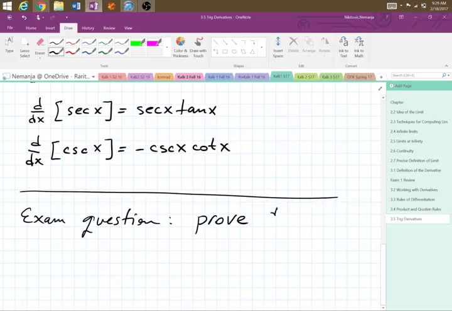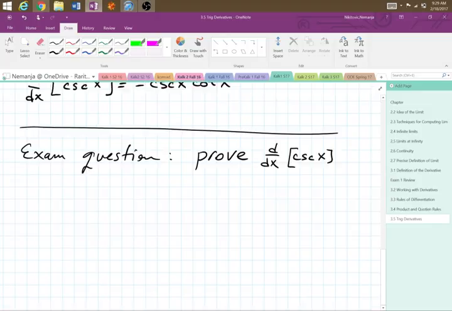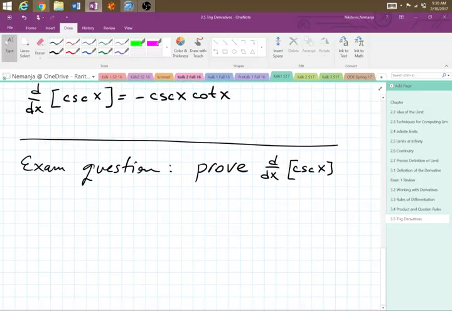Prove the derivative of cosecant x. I'll even leave the cosecant answer so you can see it. This should be a standard honors question, but it's cool to be a replacement question on the regular exam.